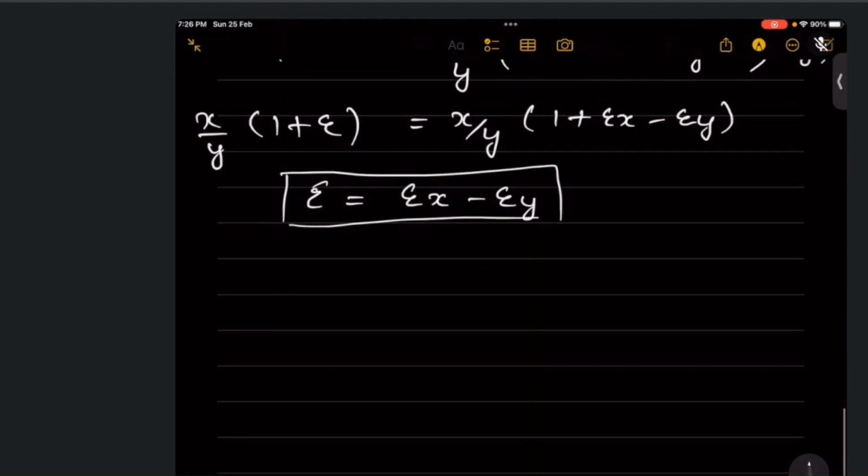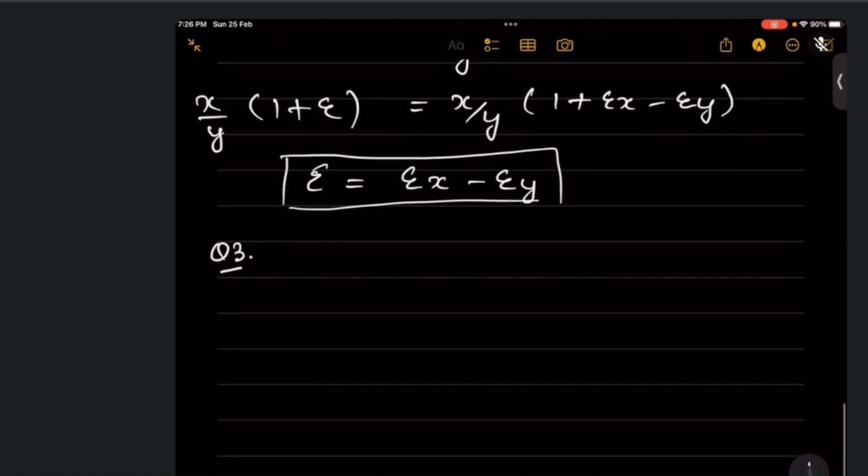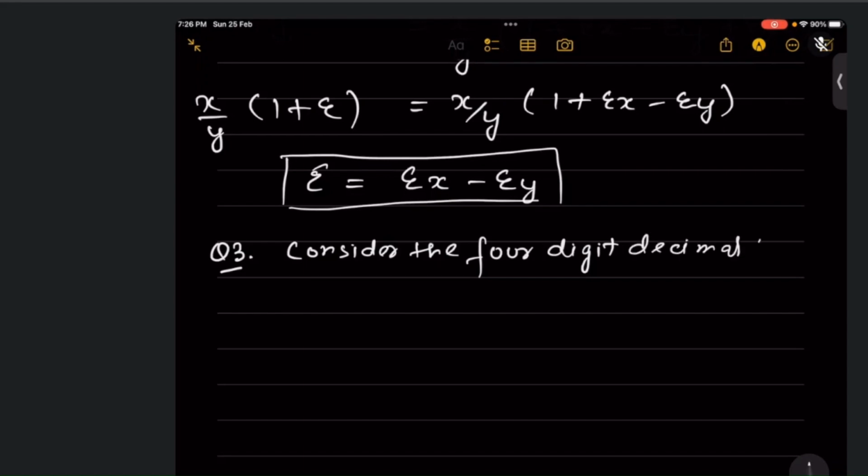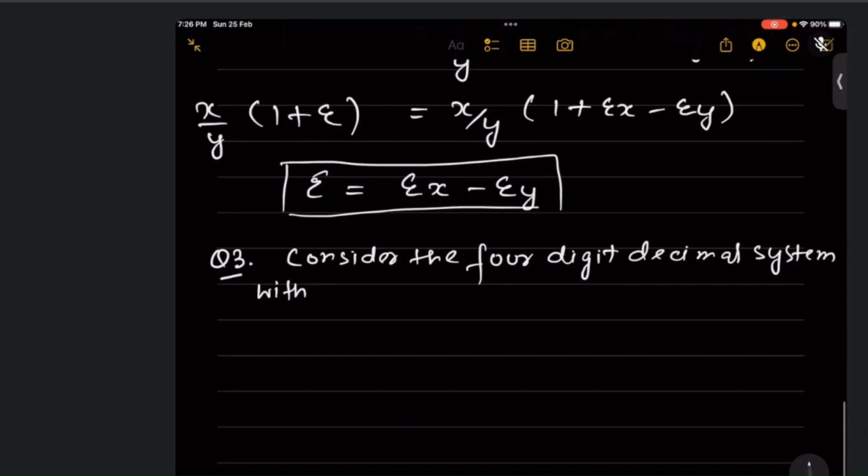Then let's do a simple problem on this. So consider the 4-digit decimal system with rounding.